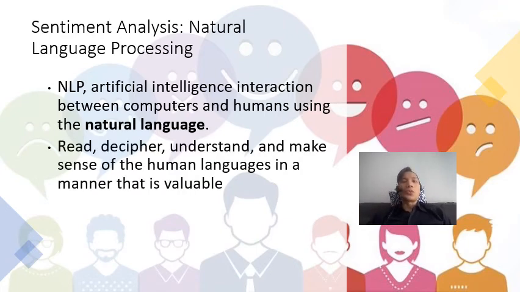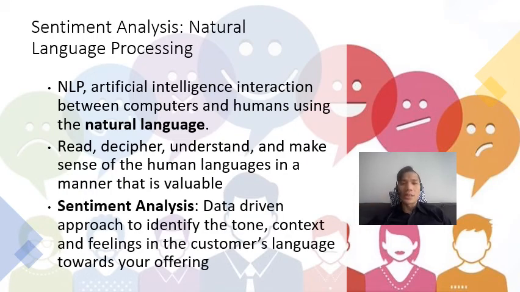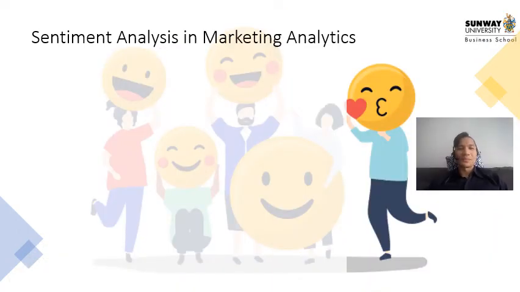This helps us read, decipher, understand, and make sense of human languages in a manner that is valuable and meaningful to both humans and the researcher. Sentiment analysis is a data-driven approach to identify the tone, context, and feelings in the customer's language towards your offering, your brand, or even whatever posting you put out there.